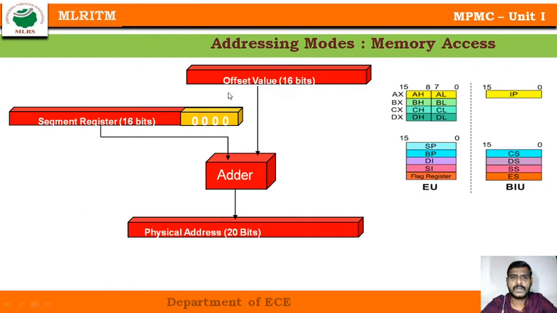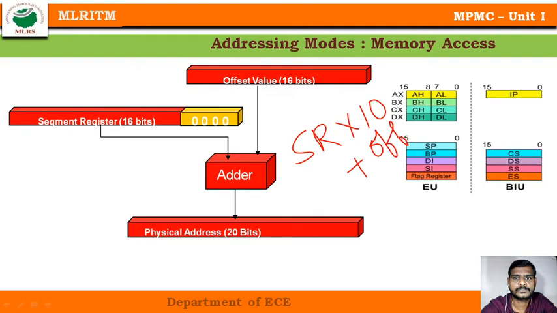If you see the yellow mark, the zeros are nothing but the four zeros we are appending as the lower nibble of the segment register, because the formula says: segment register into 10, plus offset value, will give your physical address or effective address.